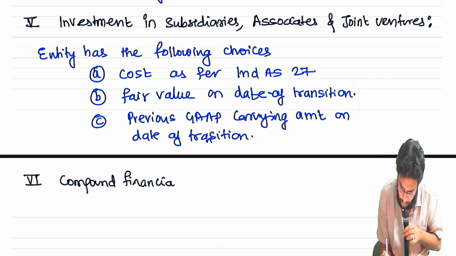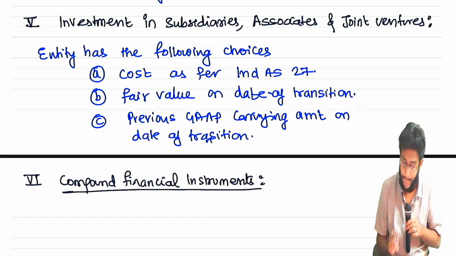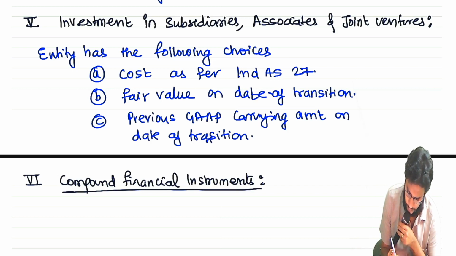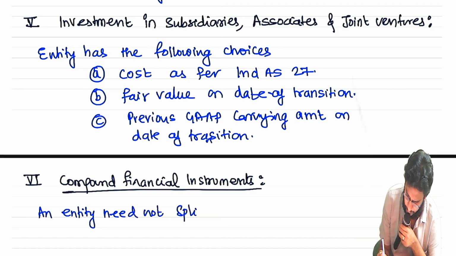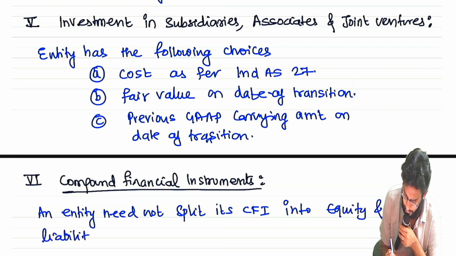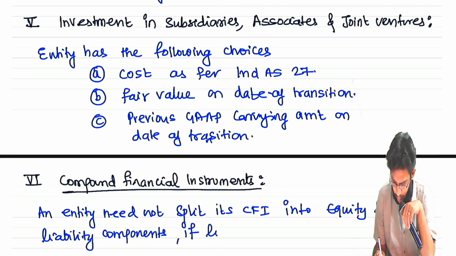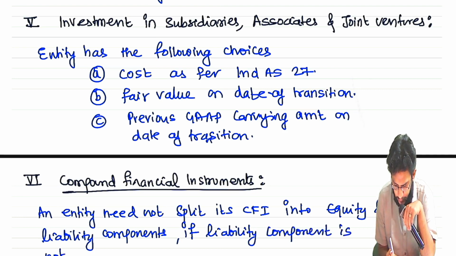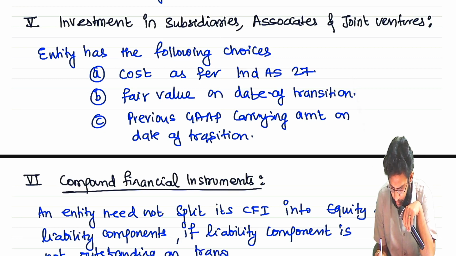Compound financial instruments. An entity need not split its CFI into equity and liability components if the liability component is not outstanding on the transition date.